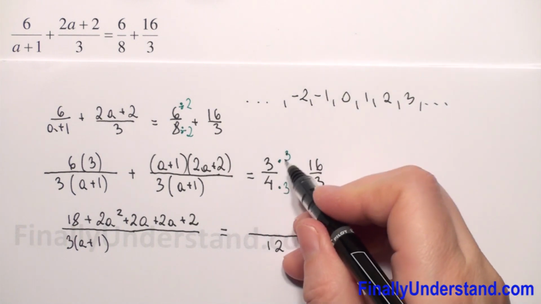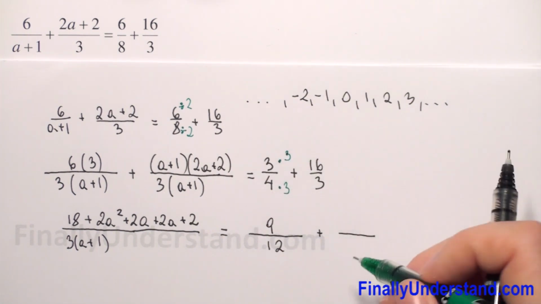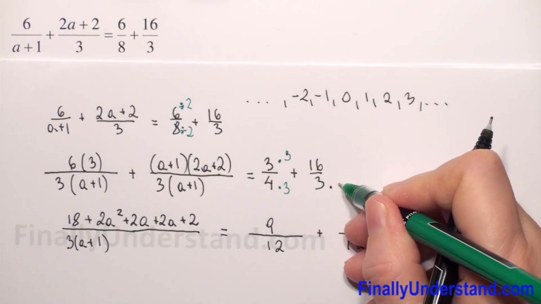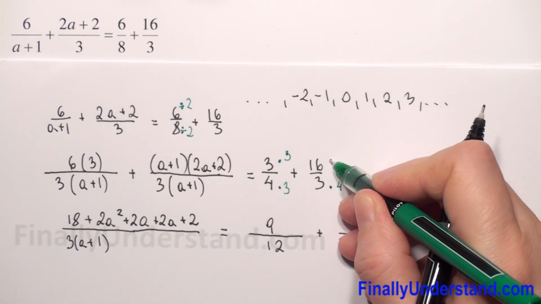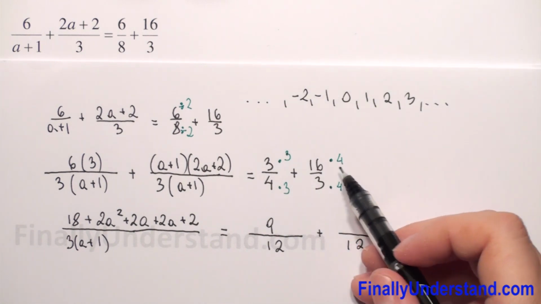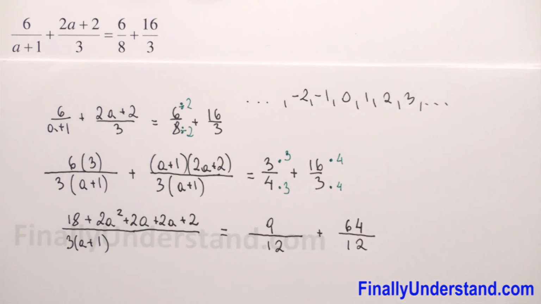So it will be 3 times 3 is 9 plus, and the second denominator we have only 3. So now when we have 12, we need to multiply our denominator by 4. I have to do the same with the numerator. So we have 4 times 16 is 64.